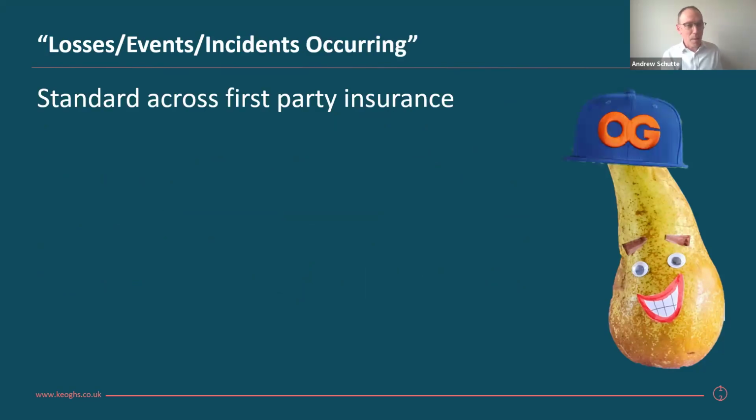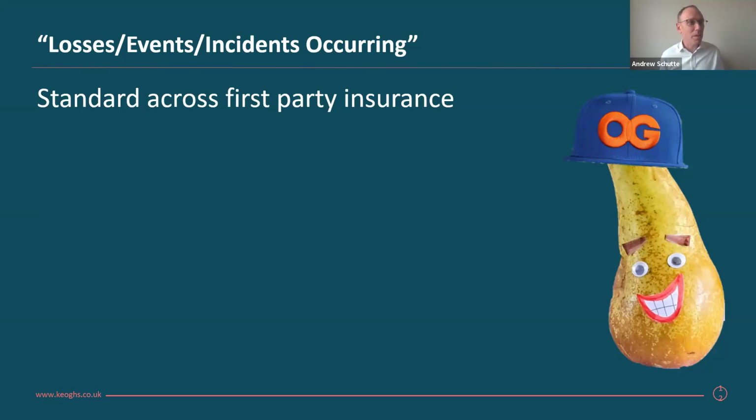So as my kids would say, this is the OG. This is the original way of structuring your cover. And for a long time, this was the way in which insurance was written across the board. And it's still the way that insurance is written across what we call first-party insurance. I'm going to explain in the next slide what I mean by first-party and third-party insurance.